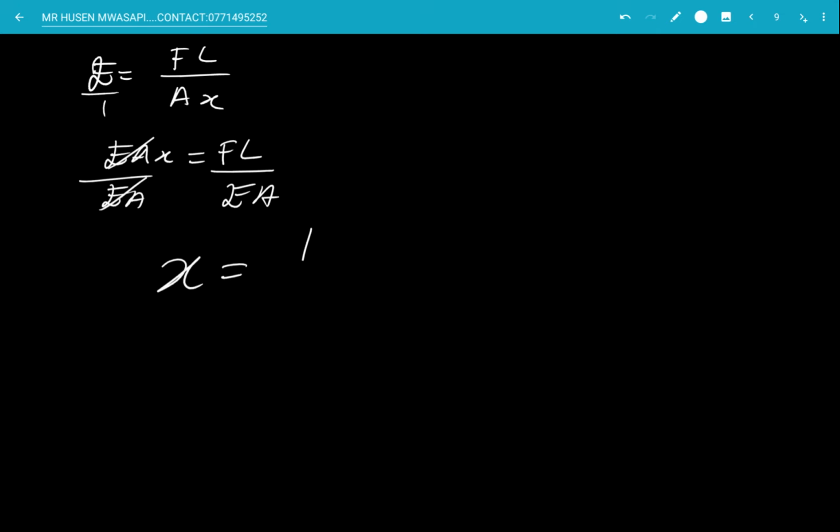And the extension is the applied force, which is a load, the force attached to the spring, which will be the force in consideration, over the length, which will be the initial length, over the Young's modulus, if given, and the area of that particular material.